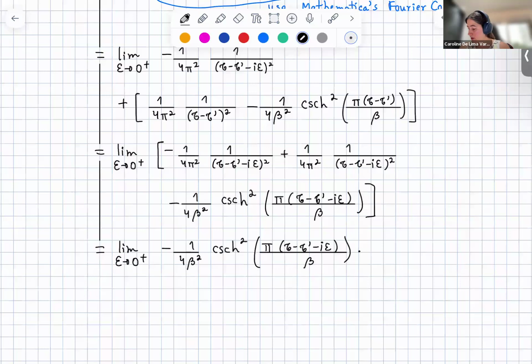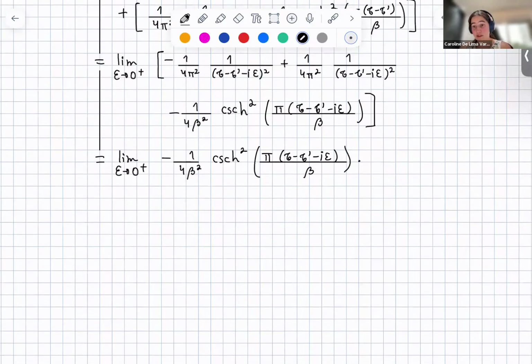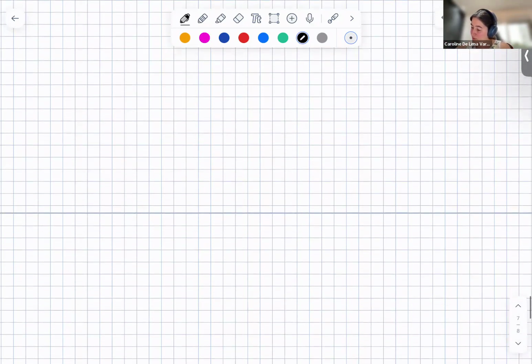All right, so this is the result. So we computed the Wightman function for the case of the static detector in a thermal bath of Minkowski particles, okay? So now what we're going to do is compute the Unruh effect, right? We're going to see what this accelerated detector is going to see when it's traveling in a Minkowski vacuum.